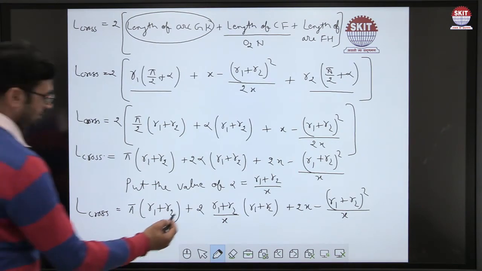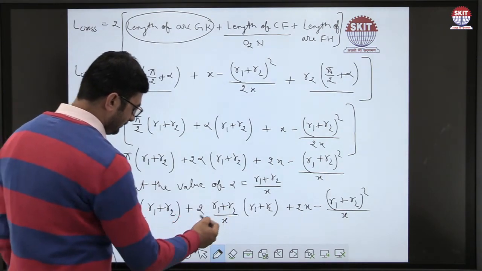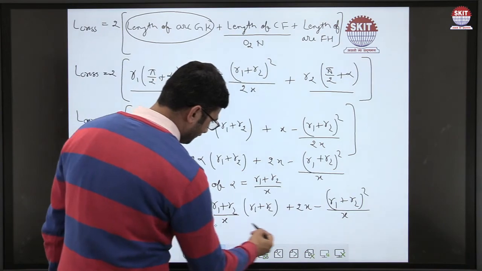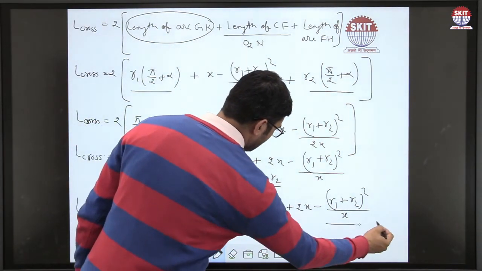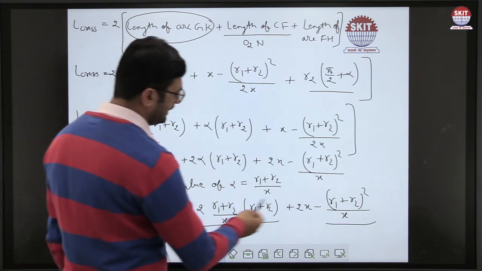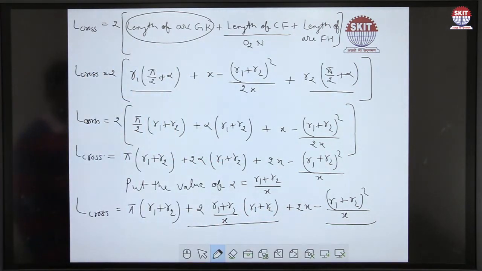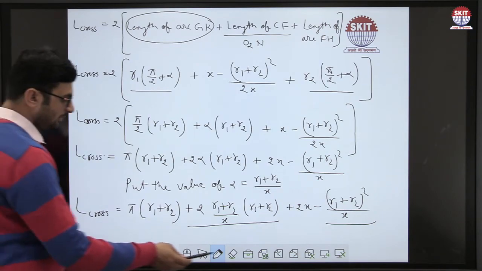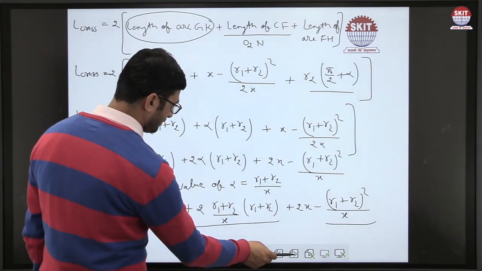If we see, the second term and the fourth term are the same, one is positive 2 and this is minus 1. So again we simplify this equation.